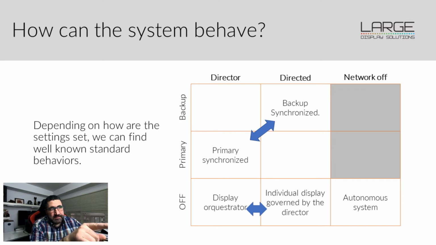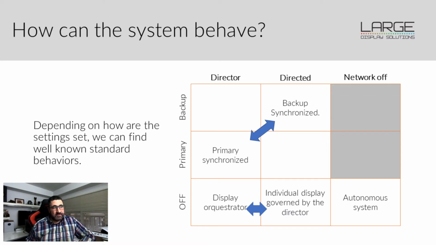If you are primary and director, you are what is usually understood as a primary system, the one who creates the content and decides what to play. And the backup is the one who receives a copy of the content and is told what to play, right?